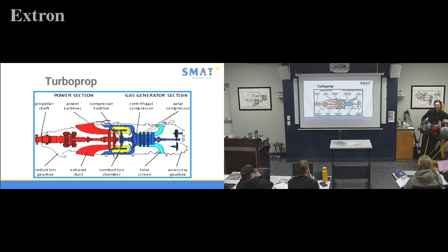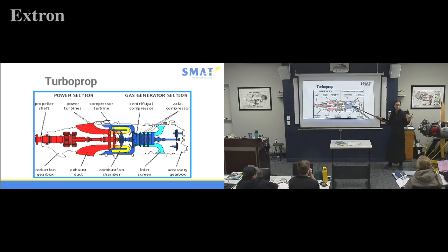So, the PT6 is unique. It is a reverse flow engine. They're able to make it shorter. We're talking about all the details of that. But the air does come in back here. So air comes in, and then we have what component? Compressor.